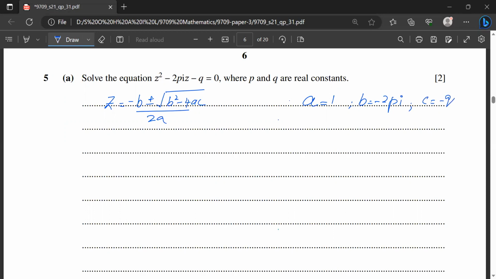So z is equal to minus (minus 2p iota) plus minus square root of (minus 2p iota) squared minus 4 into a into c, divided by 2a. A is 1.